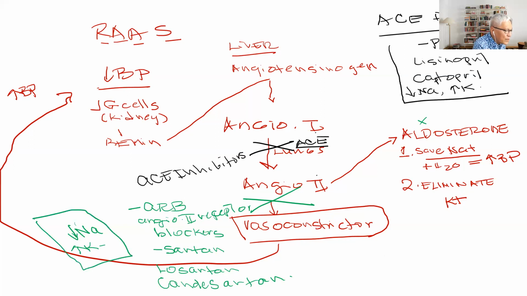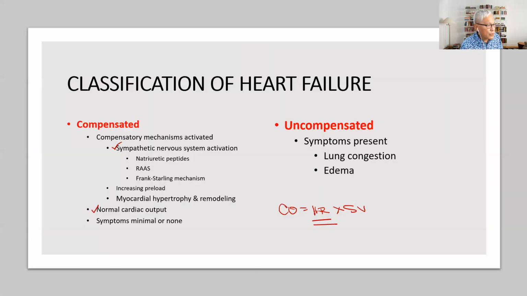So it's going to be the same actions and adverse effects related to the use of ACE inhibitors as well as angiotensin 2 receptor blockers. So this is the renin-angiotensin-aldosterone system. This is one of the things that the sympathetic nervous system does in order to compensate for a decrease in cardiac output.